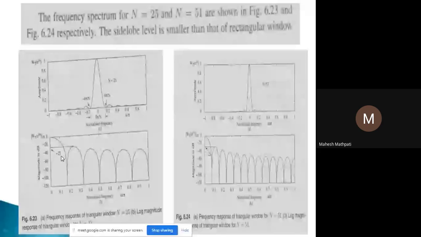Yes, can anyone speak on this? What difference you are observing? Hello?